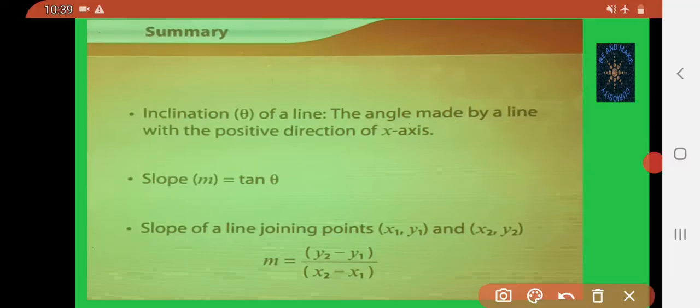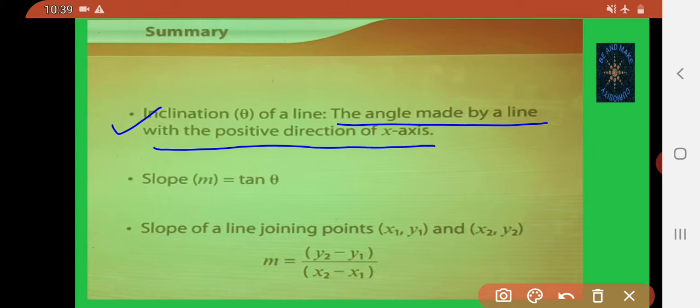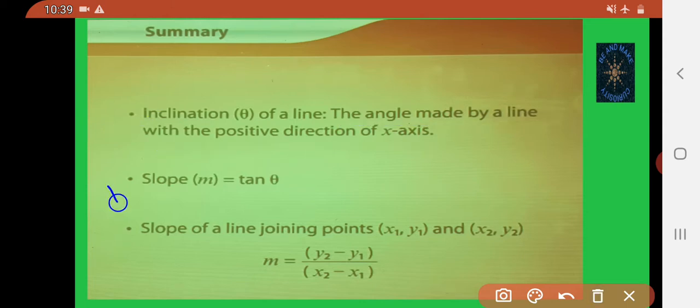Summary: inclination of a line, the angle made by a line with the positive direction of x-axis, is called the inclination of a line. Slope, denoted by m, is equal to tan theta, where theta is the angle of inclination.